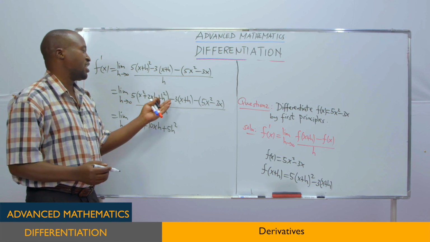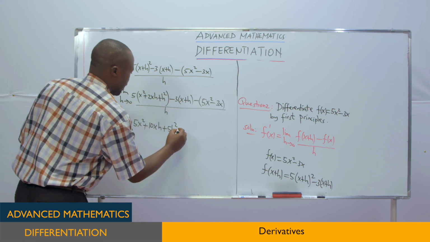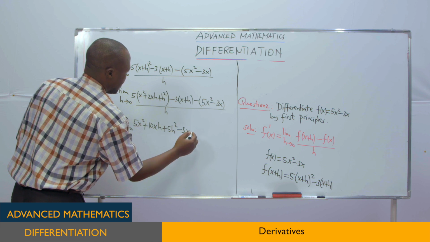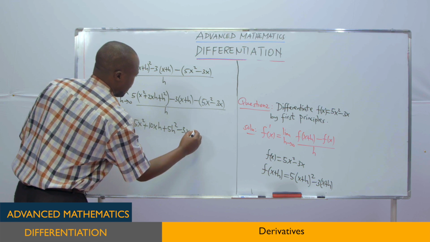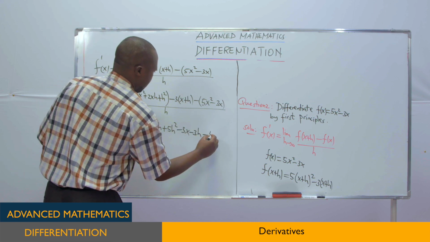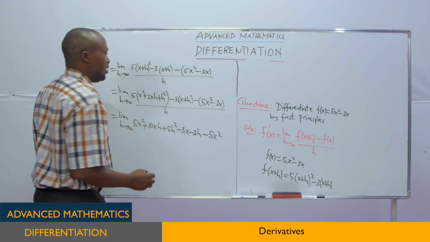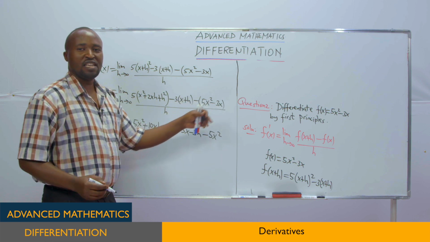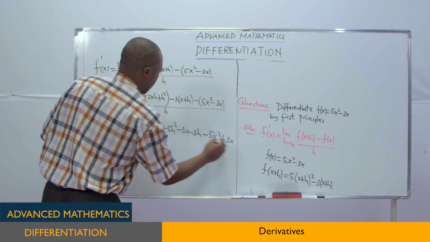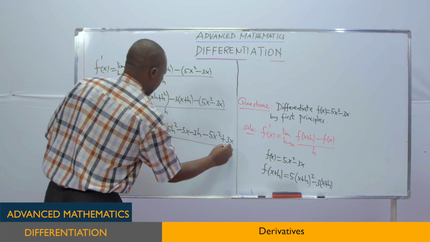Again here we have negative 3 times x, that is minus 3x, then 3 times h, that is minus 3h. Followed by minus 5x squared, but this time we have a negative times a negative 3x, that is plus 3x. This one over h.